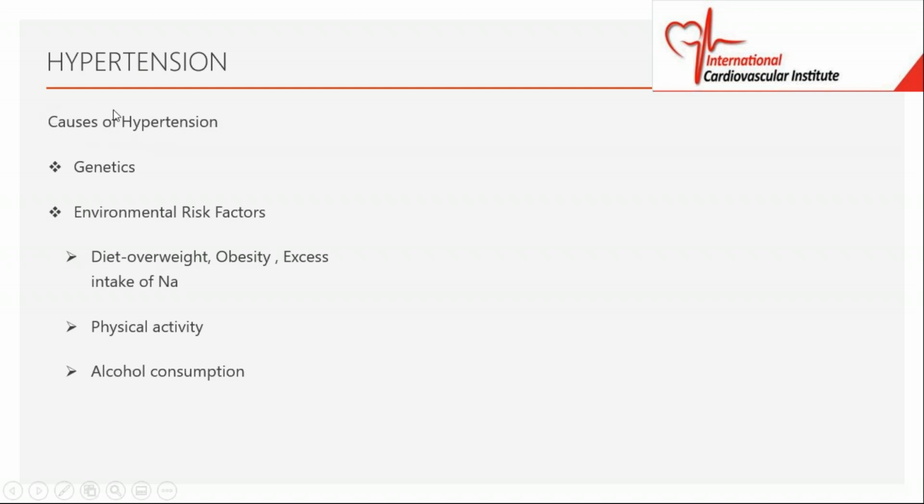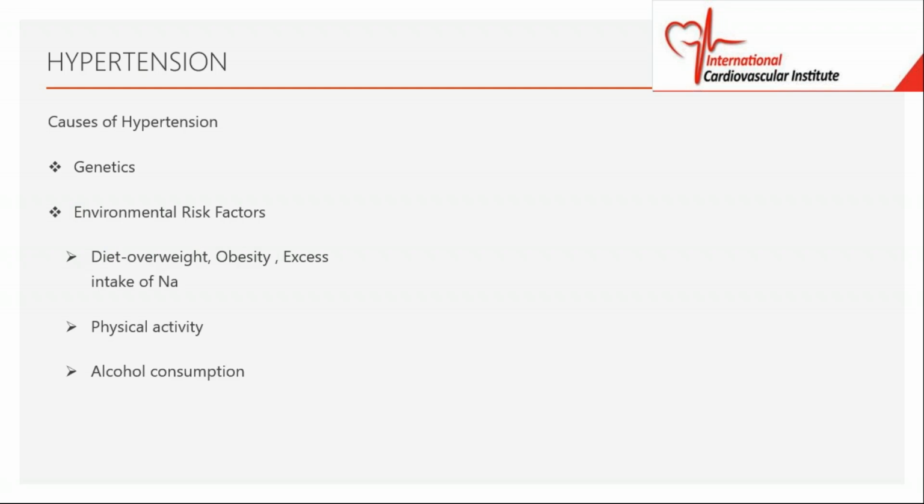So what are some of the causes of hypertension? We know that there's a genetic predisposition to hypertension, but it's varied, and it's a very polygenic type of thing, because almost everybody has hypertension. But most of the hypertension is secondary to environmental factors.